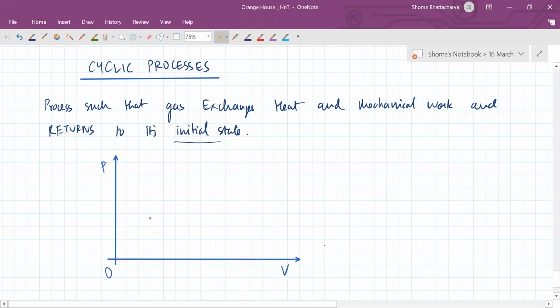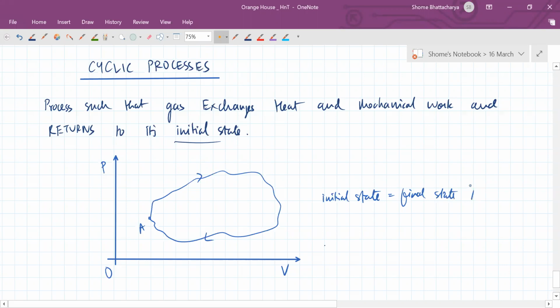So the general graph, whatever process it is undergoing, if it starts from the point A and eventually comes back, so initial state equals the final state, which in the graph is A. That is pressure at A, volume at A, temperature at A, whatever the initial state is, which is the same as the final state.